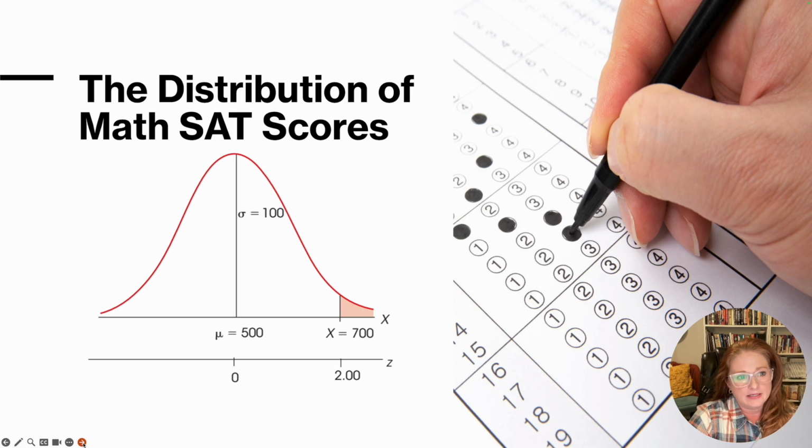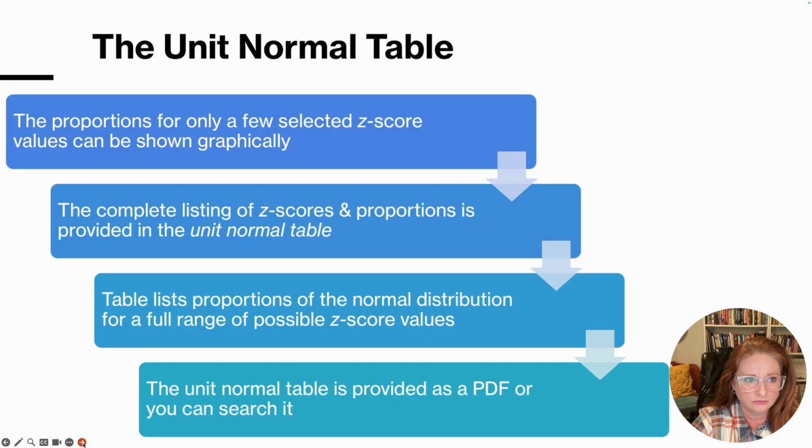Or another way you can say it, only 2% of the people that took the SAT math test in the same year that you did scored better than you. Or another way, you scored higher than 98% of everybody else in the country. Okay.